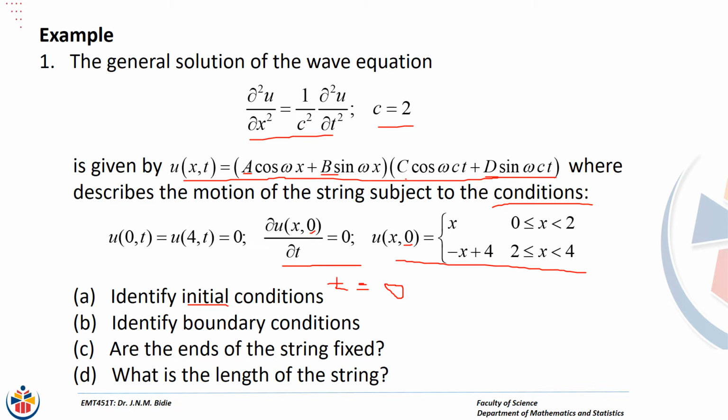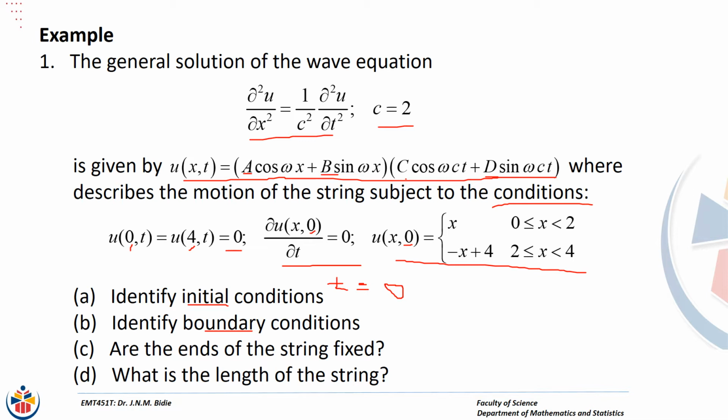Then we're asked in B to identify the boundary conditions. Boundary conditions mean the value for x must be the one that changes. So x equal to 0, and then x equal to L, and our L has been given here, and they are both equal to 0.